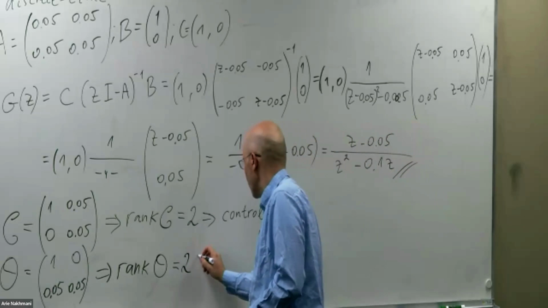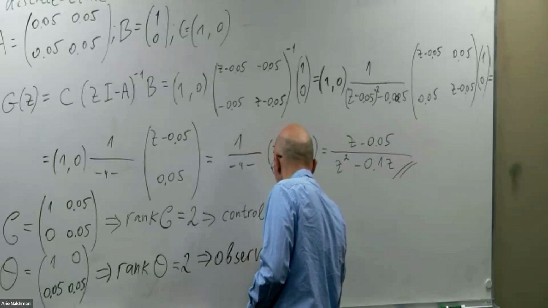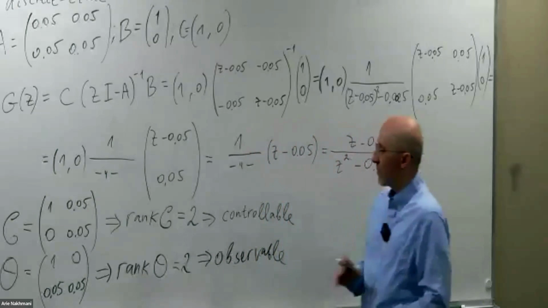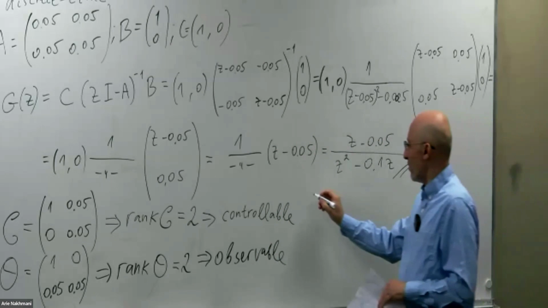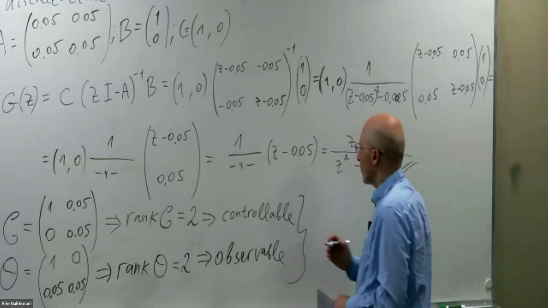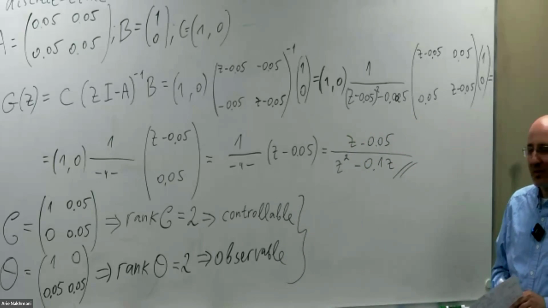So it's observable. So the system is controllable and observable. What does it mean regarding the minimality of the system? It's minimal.